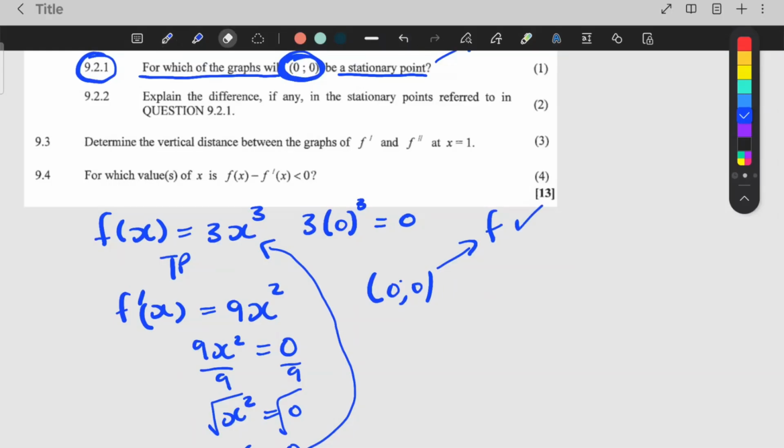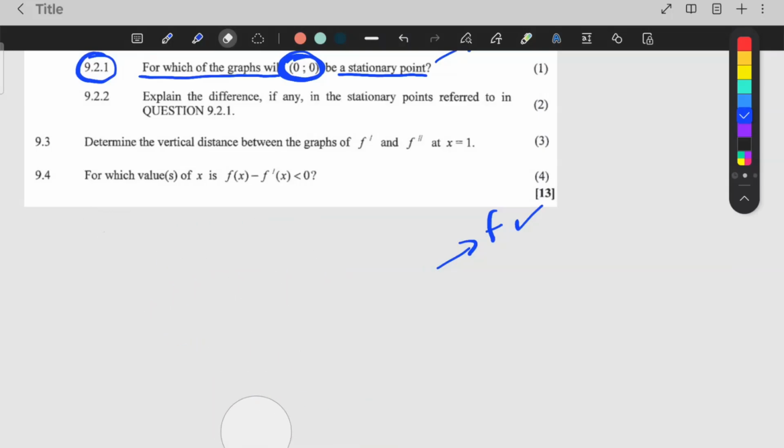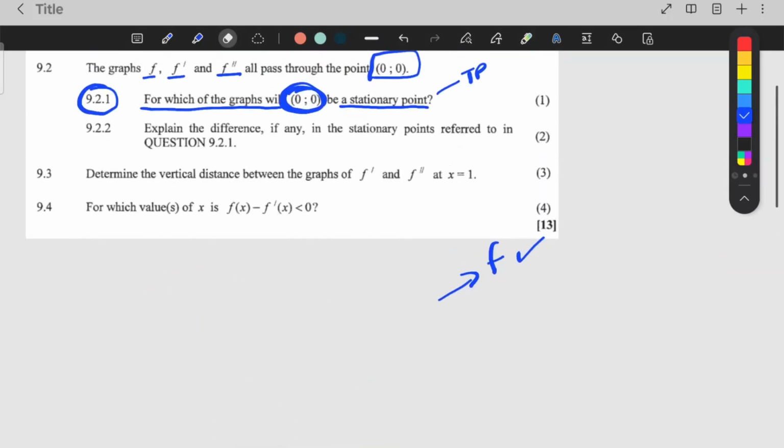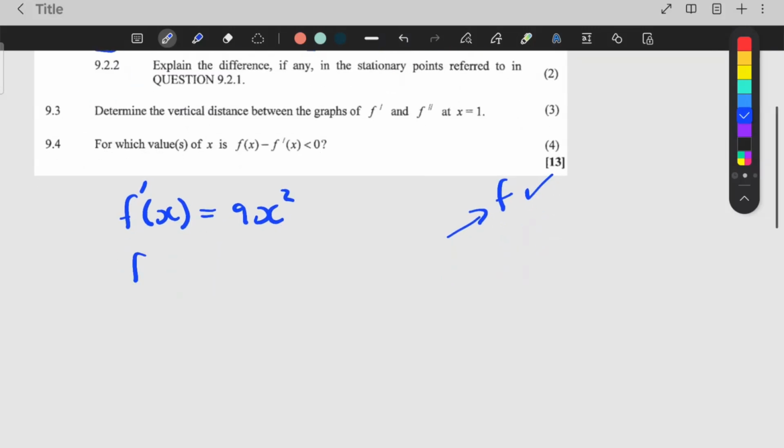Then I'm going to do the same thing now for the derivative. For the first derivative, this is the parabola, 9x squared. What's the turning point of 9x squared? You find the derivative of that, which is 18x.